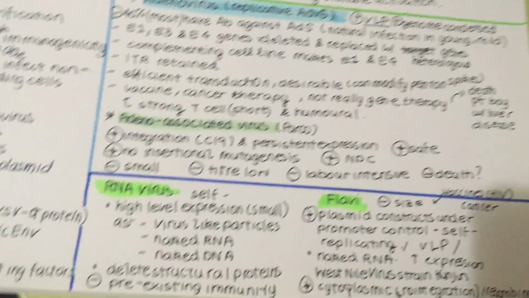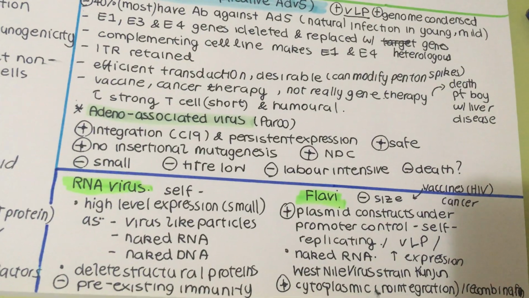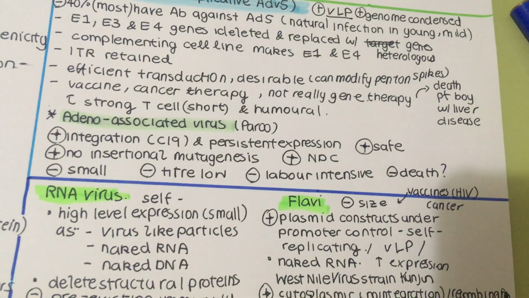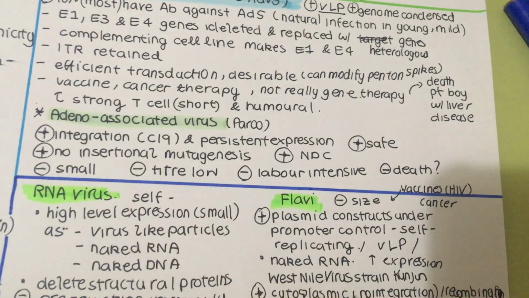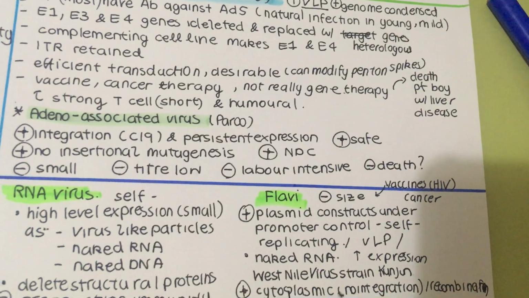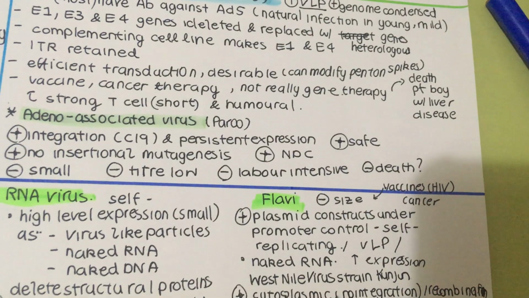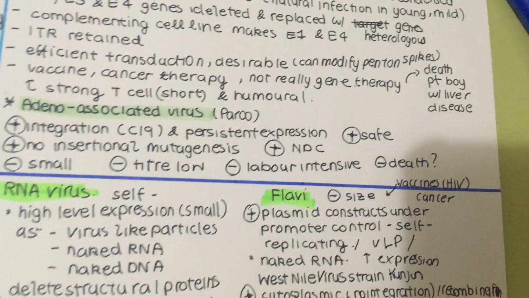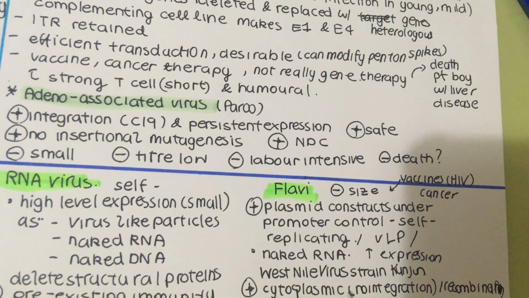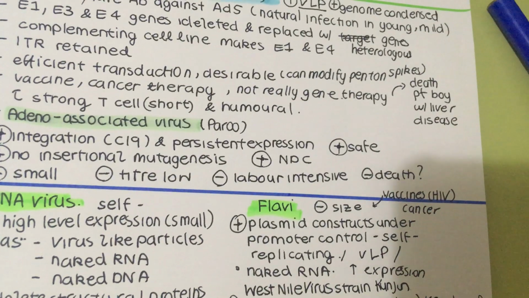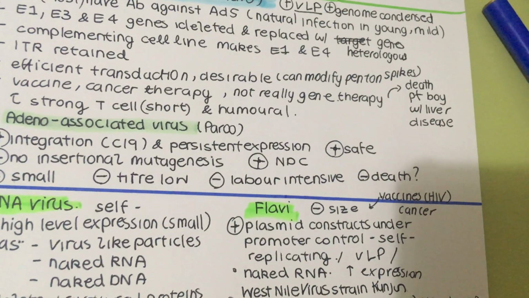Finally, for the remaining RNA viruses, which don't include the retrovirus because that has an integration step, these are very good because they replicate in the cytoplasm, and being in the cytoplasm, you don't have to worry about insertional mutagenesis of host DNA.